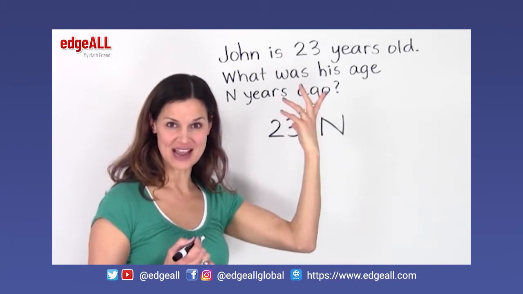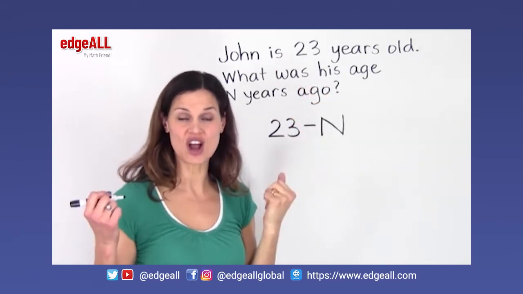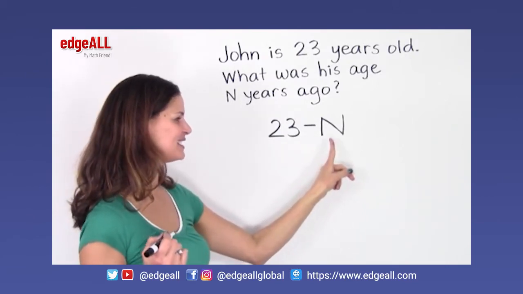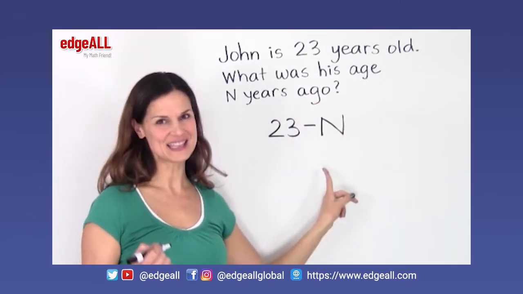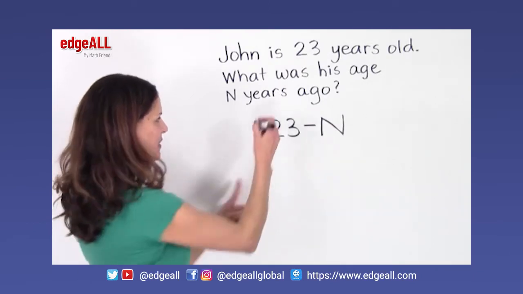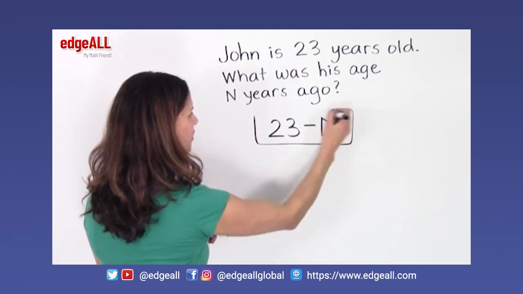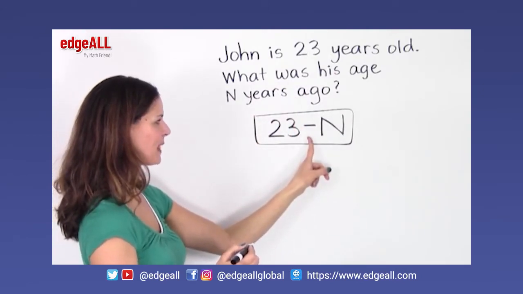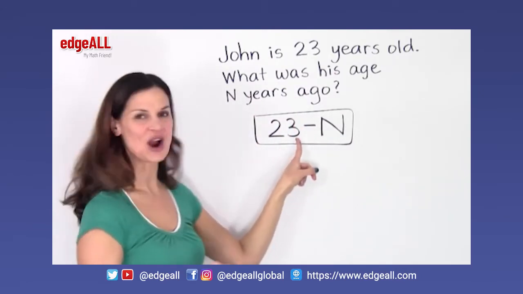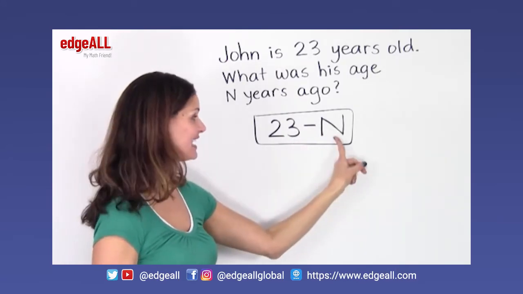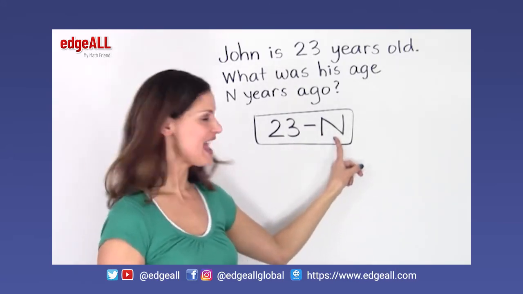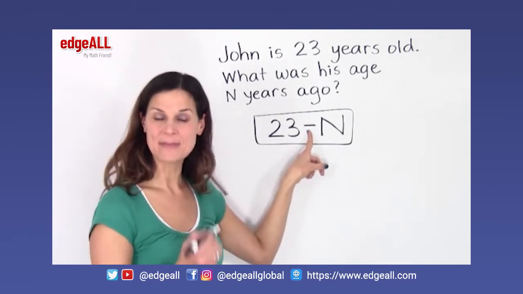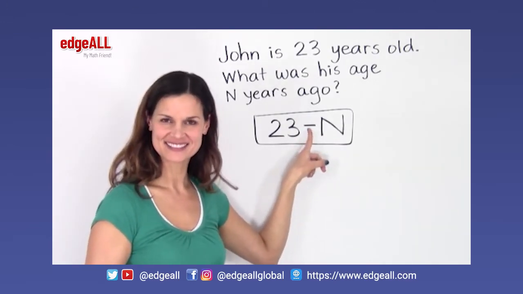Or like we just worked out with 2 years ago, I'm going to do 23 minus 2. So in this simple algebraic expression that we have written for this question, what was his age n years ago? 23 is our number, n is our variable, and our operator is minus for subtraction.